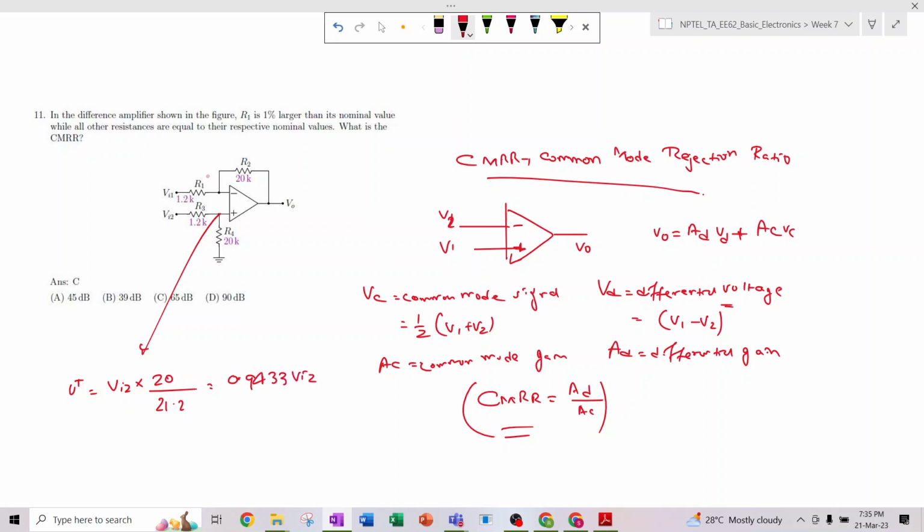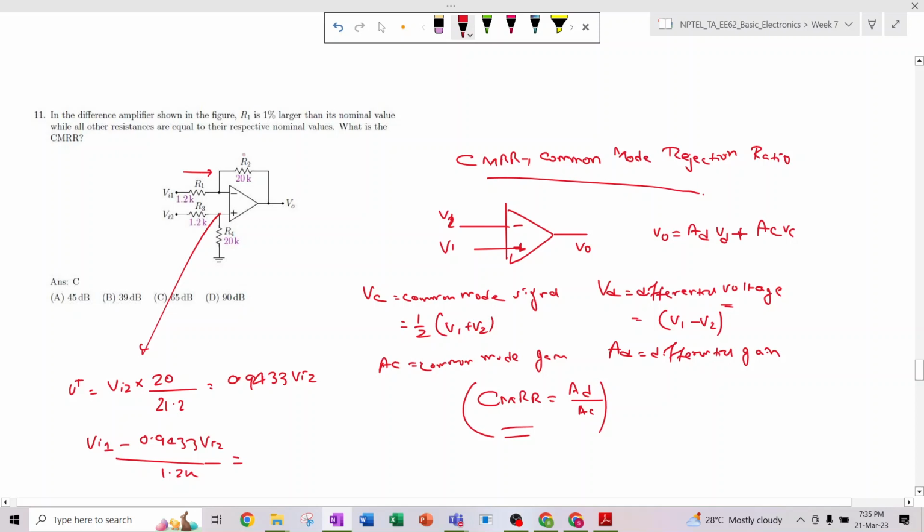Now whatever current is flowing through this, that is Vi1 minus 0.9433 Vi2 divided by 1.2k. The same amount of current will flow through this side.